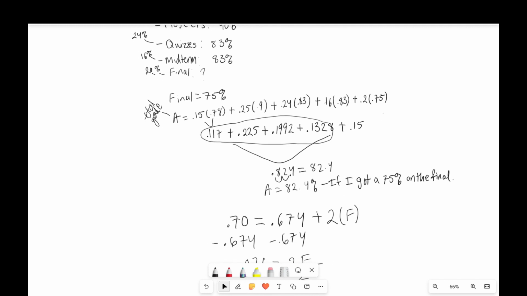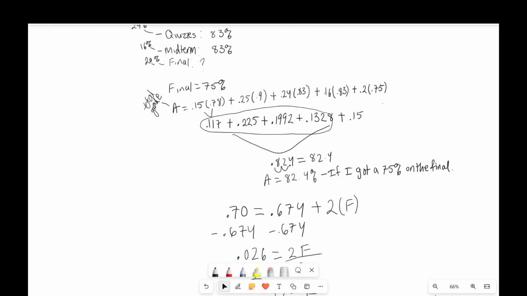In total, I got 8.824, and then I turned it into a percent, and so A equals 82.4%. This is what my total semester grade would be if I got a 75% on the final.